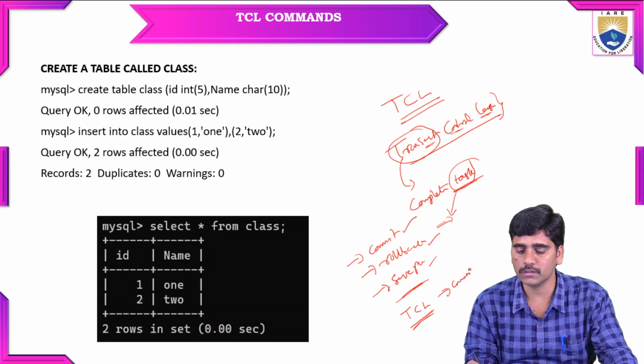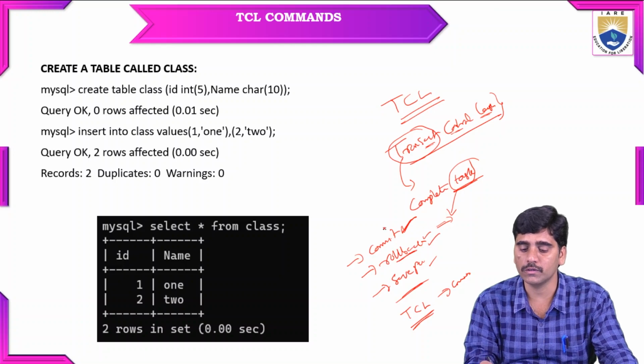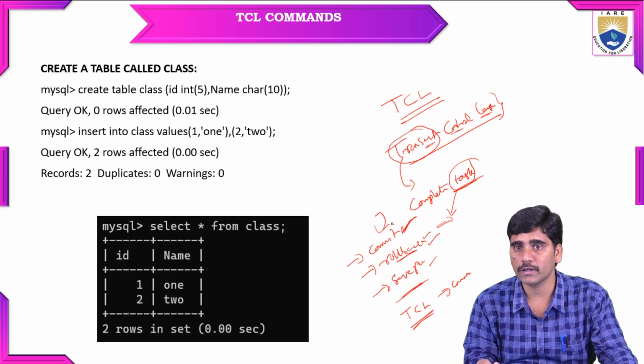These three are the transaction control language commands. Whenever you are performing a certain operation, if you commit that operation, then you are not able to roll back your data. So to roll back your data, you need to create certain save points before committing the operation.